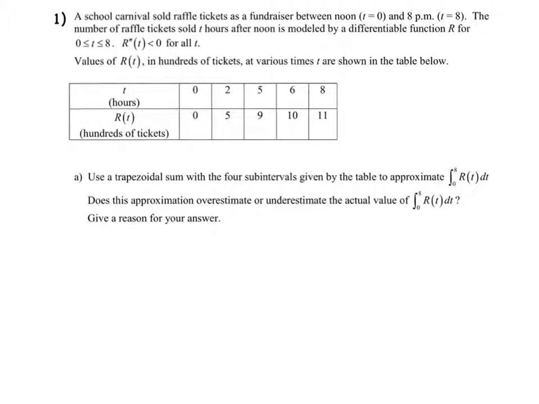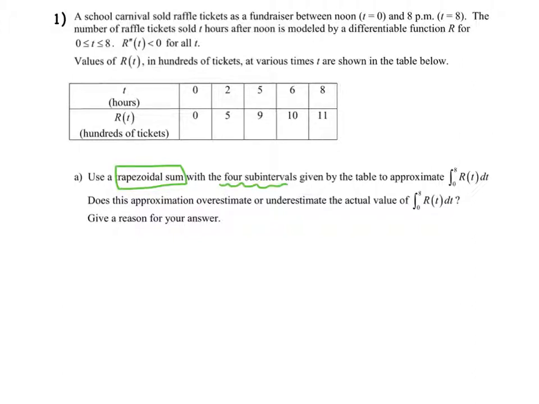Values of r of t in hundreds of tickets at various times t are shown in the table below. It's asking us to use a trapezoidal sum with 4 subintervals given by the table to approximate the integral from 0 to 8 of r of t dt. Does this approximation overestimate or underestimate the actual value? Give a reason for your answer.